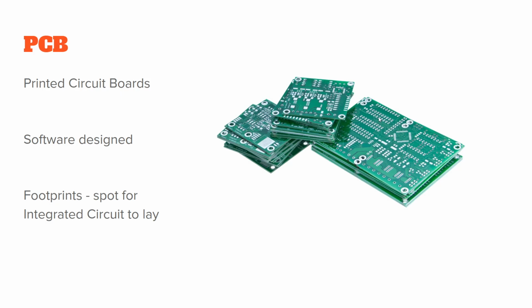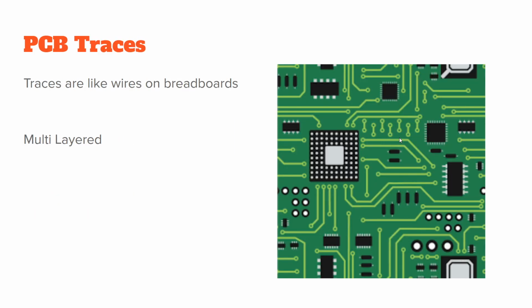But you get the point. These traces are very, very tiny wires under the silk screen that let electricity conduct between points on a PCB.